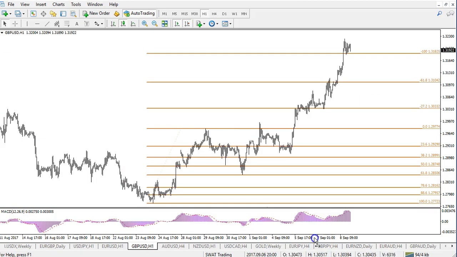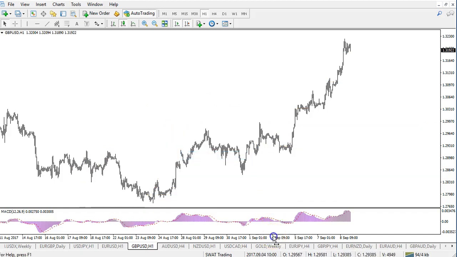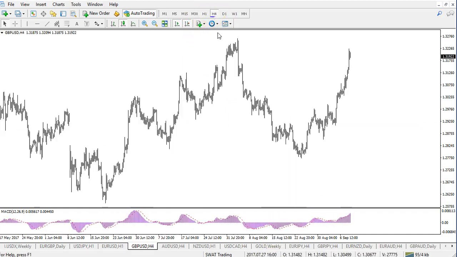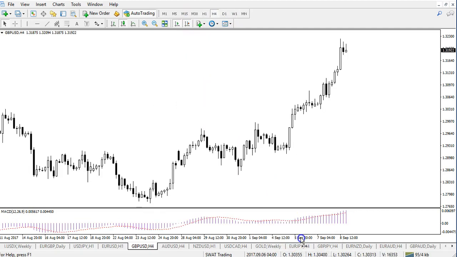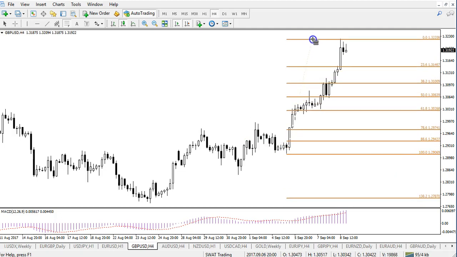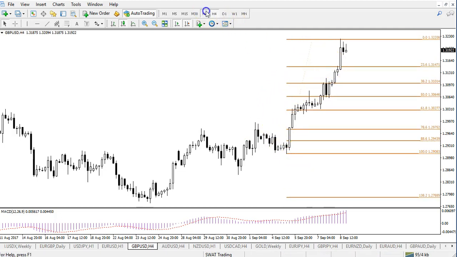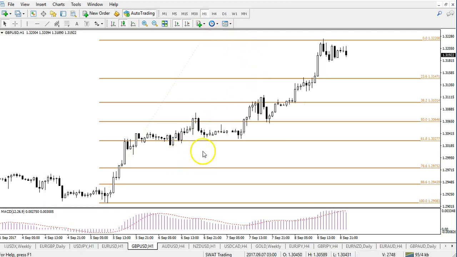So let me get rid of this fib. I'm looking for bull flags in the pound dollar. Could be maybe even the most interesting one. It's difficult to say which one is the most interesting, but I think that putting a fib probably from here to here could make sense for the moment. And you can see that basically a retracement to the 38, 131, 131.50.